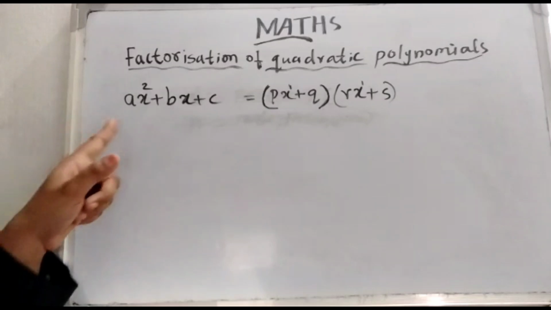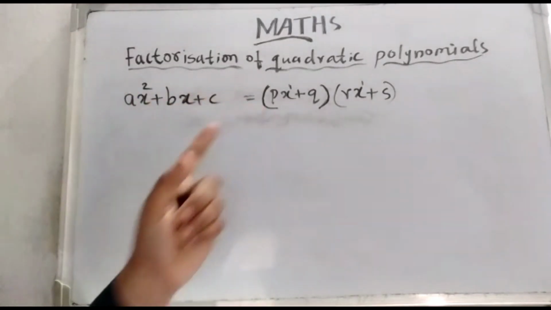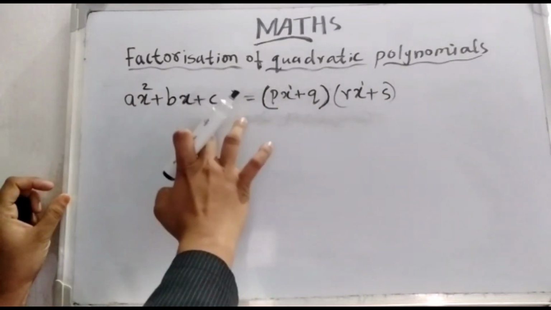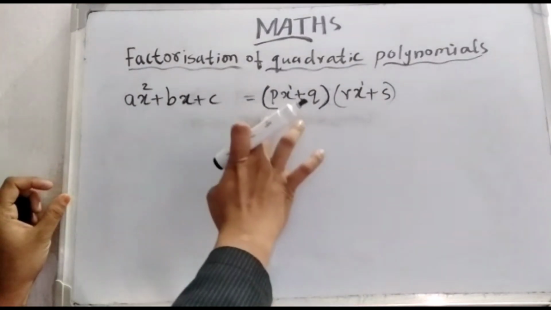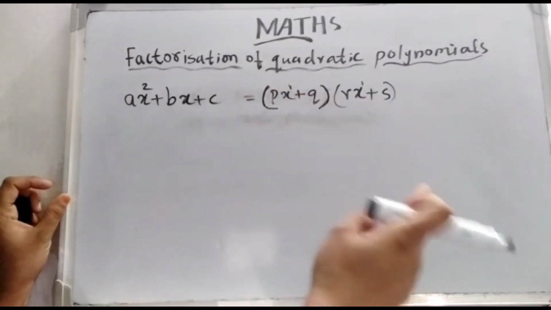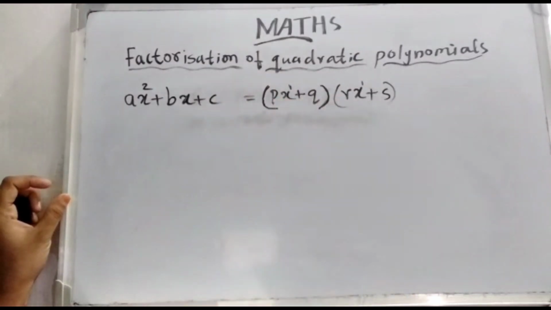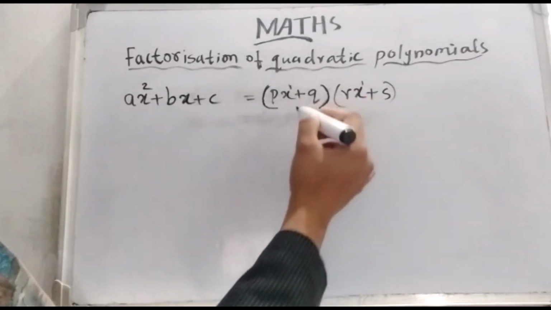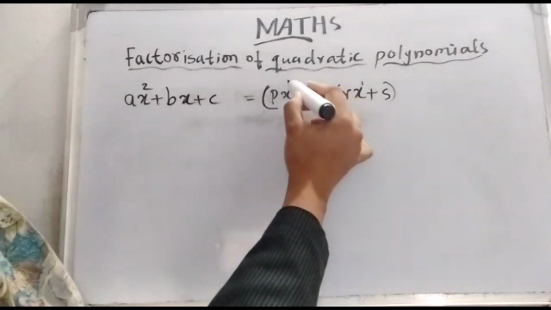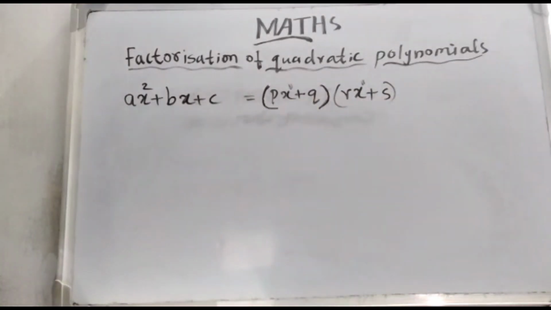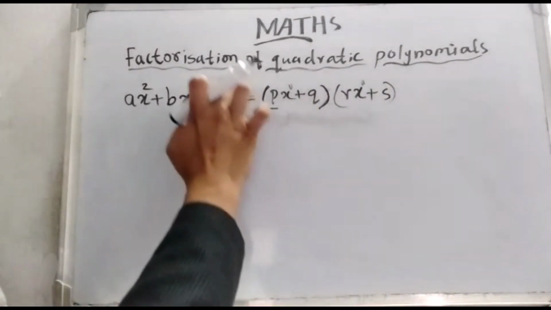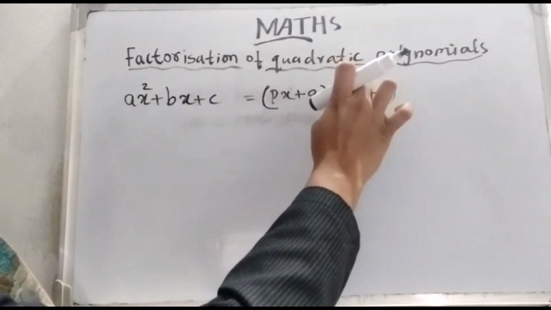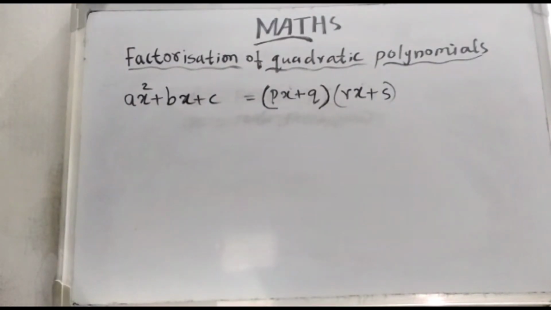So when we factorize a quadratic polynomial, that means we express this quadratic polynomial as the product of its linear factors. This polynomial's degree is 2. When we factorize, we will get factors of degree 1, linear factors.